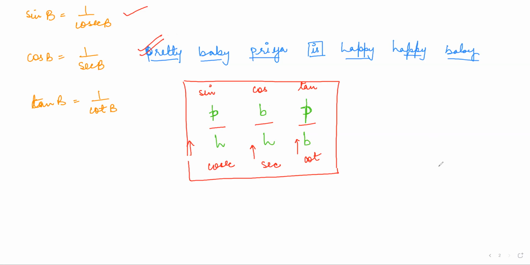Now let me take 2 cases. This is my triangle ABC, right? Now let me mark these 2 angles here. And of course, this angle is 90 degrees. So I want to write now sine of angle A, and then sine of angle C. It will remain perpendicular upon hypotenuse always, right?